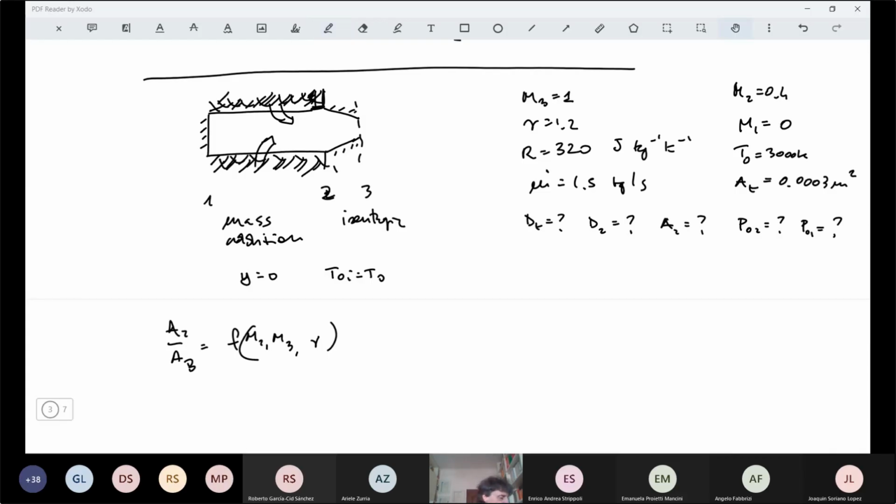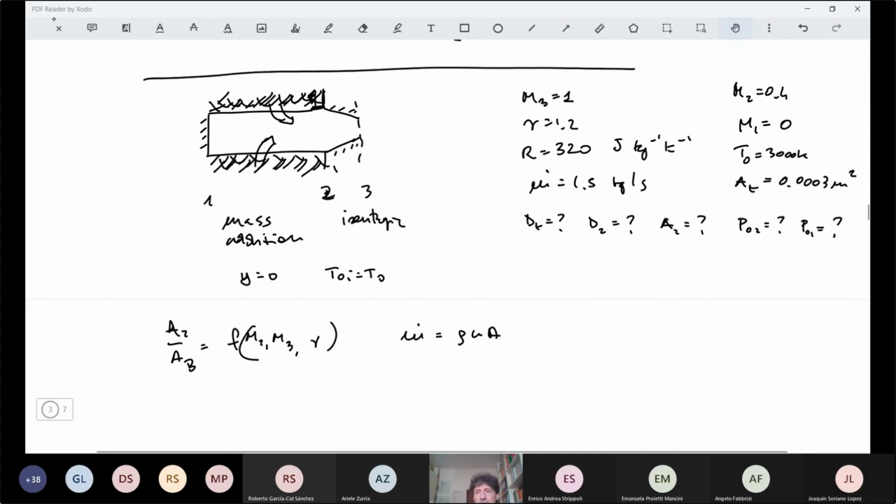And we can exploit also the relation of mass flow rate, that would be rho U A, of course. This will be useful because we know ratios, but we have here just this temperature.